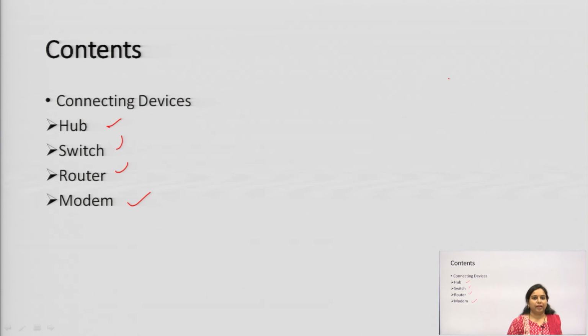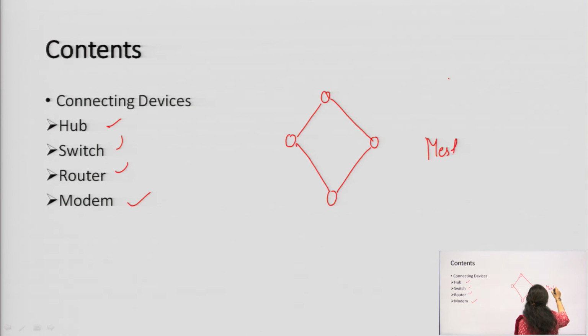Whenever we set up any network which is formed with different devices, like I have set up a network with 4 different nodes, and these are connected in whatever topology, it may be a mesh topology, it may be a star topology, it may be a bus.